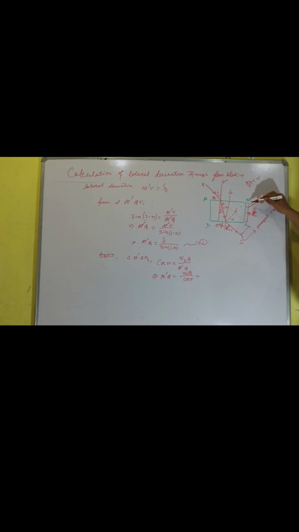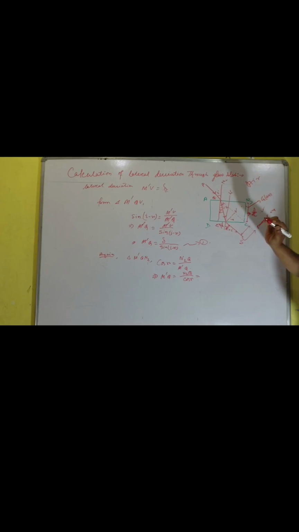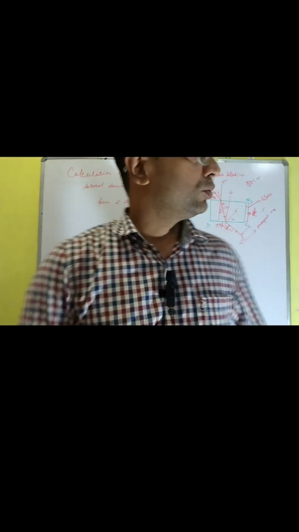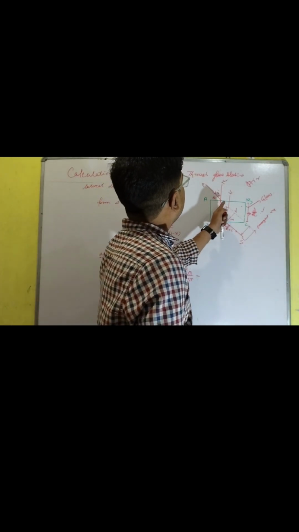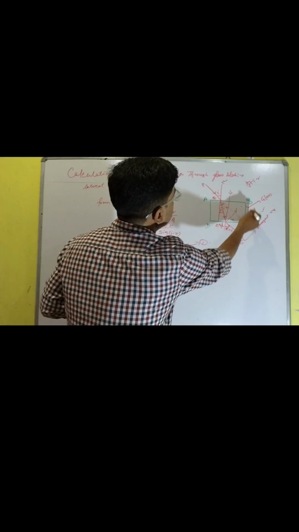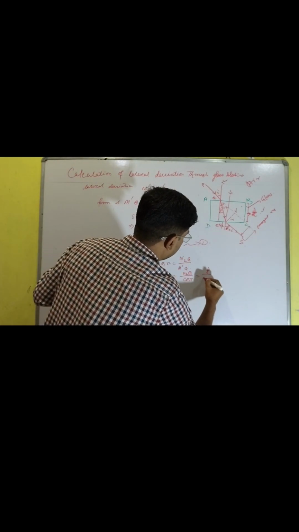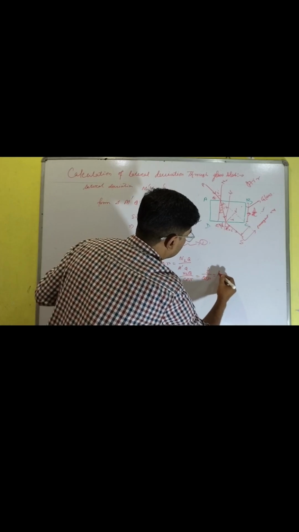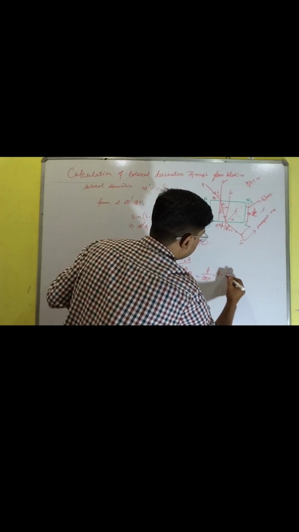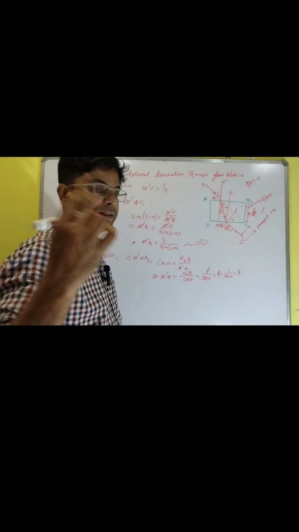N2Q is parallel to the side BC, that is the thickness. Now I can consider N2Q as the thickness of the glass slab, the distance the light passes through the glass slab. So M dash Q is equal to T by cos r, which is T into 1 by cos r, which is T sec r. This is basic trigonometry. This is equation 2.